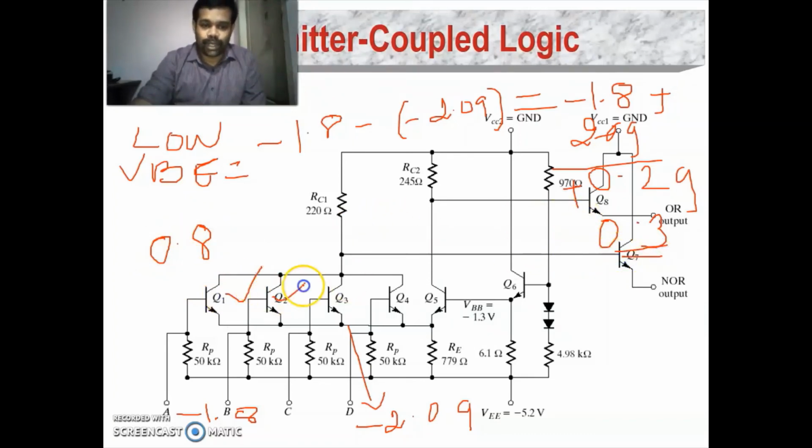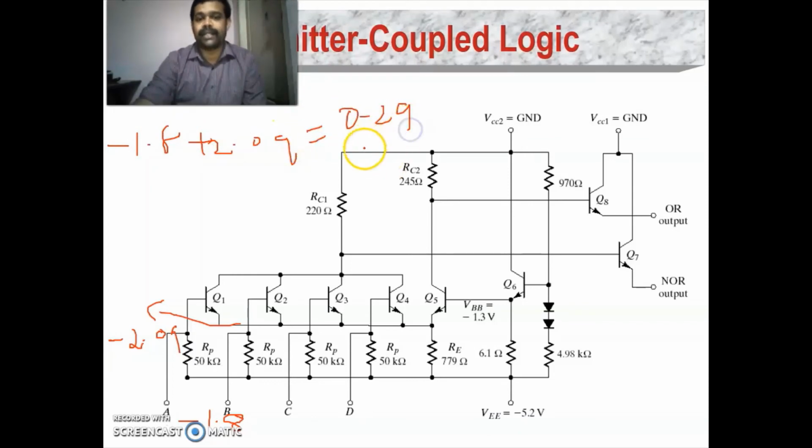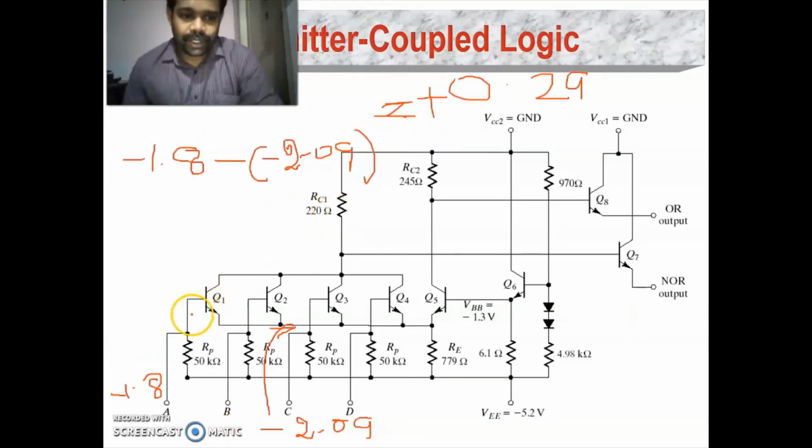With minus 1.8 at the base and minus 2.09 at the emitter, VBE, which is VB minus VE, is minus 1.8 plus 2.09, that is 0.29, approximately 0.3 volts.